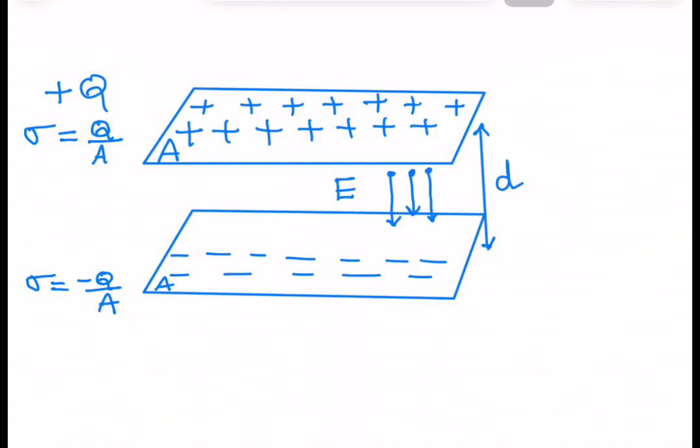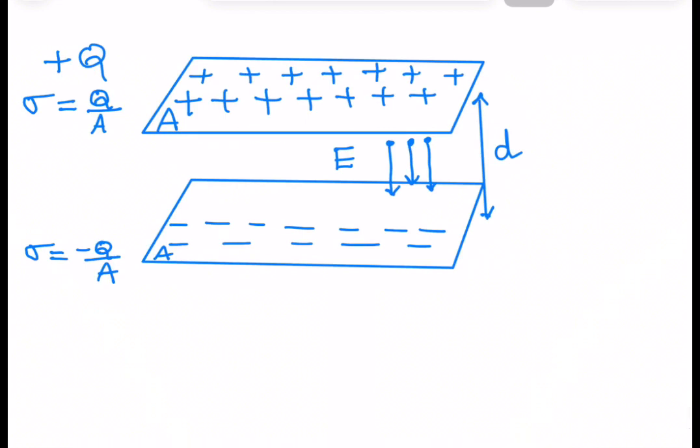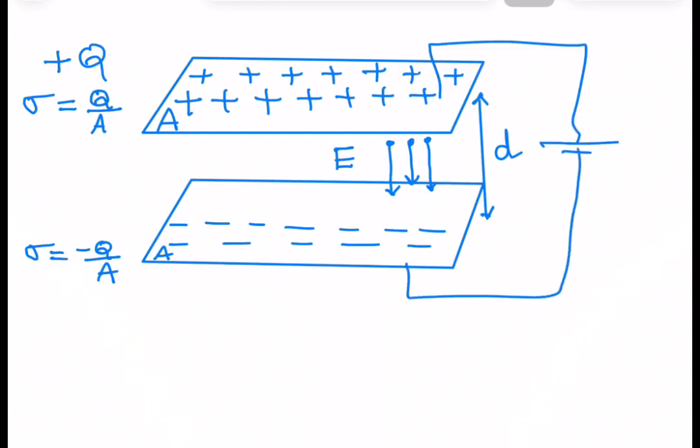Now our next challenge is to derive an expression for the capacitance of the parallel plate capacitor. What is the meaning of the capacitance of the parallel plate capacitor? Suppose you charge the capacitor by connecting it to a cell of potential difference V. Then the charge developed is found to be proportional to the EMF of the cell, or the potential difference of the cell.